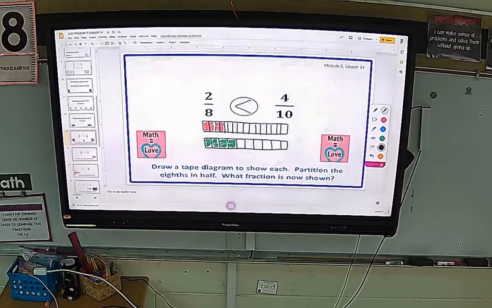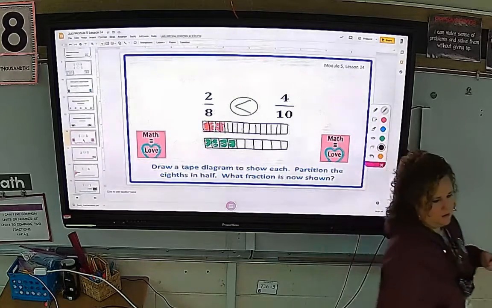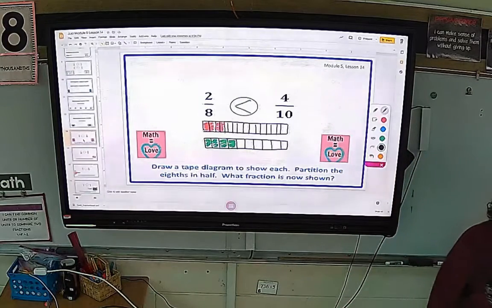What fraction, I kind of gave you part of it, but what fraction did we just create? Count your boxes if you need to. How many are shaded? How many are there total? Valerie, what's our new fraction?